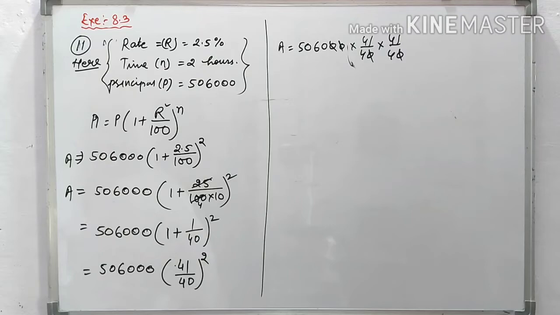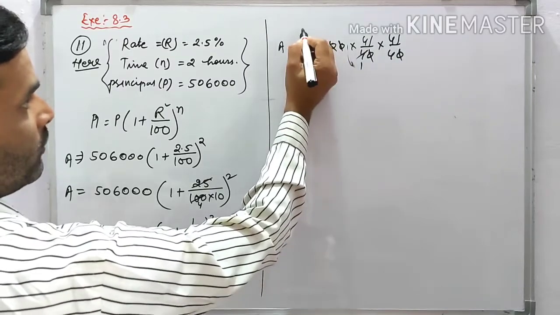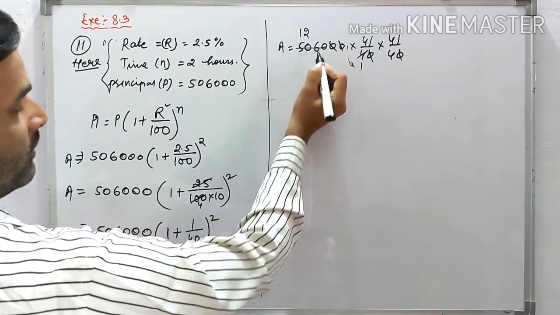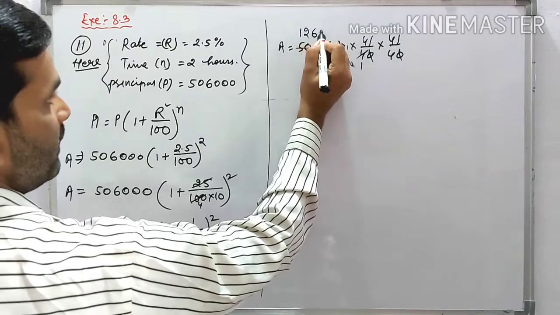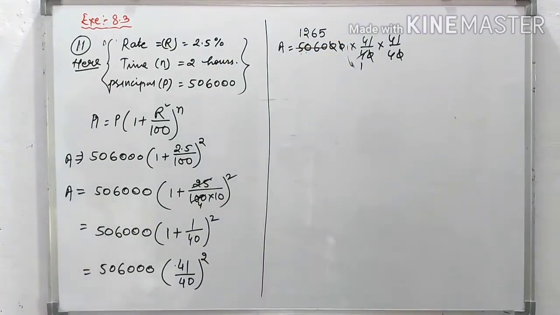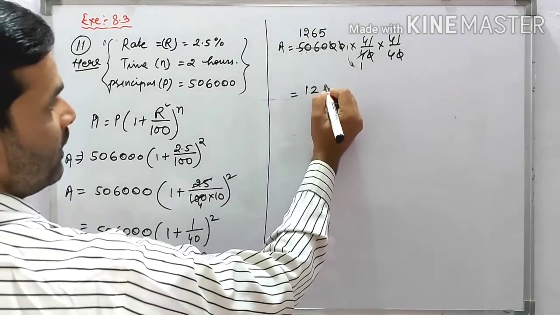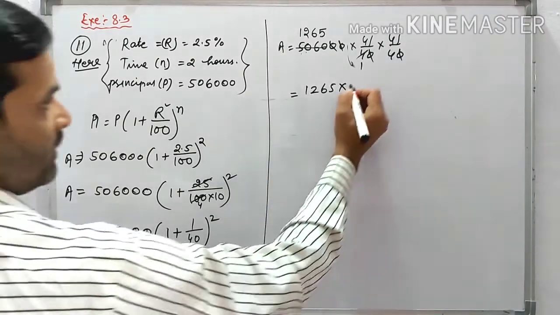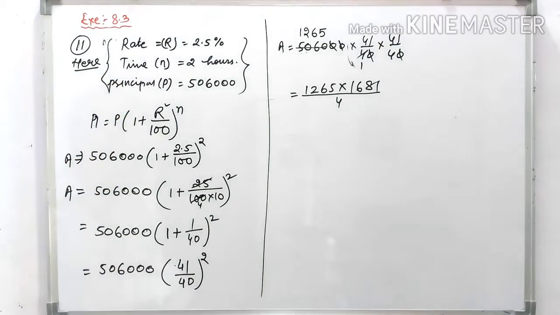Then 12.65 is right. Now 1265 into 41 into 41 is 1681 upon 4.